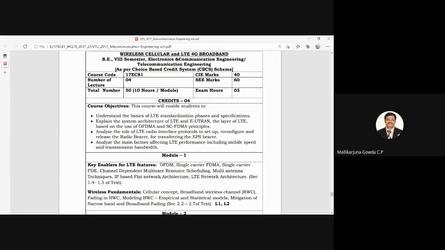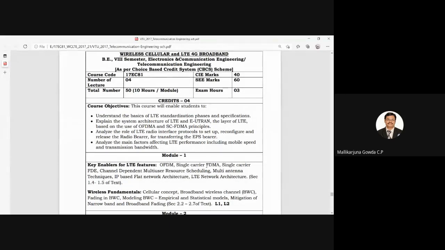This is one of the key technologies used in 4G networks. It is also one of the modulation techniques.